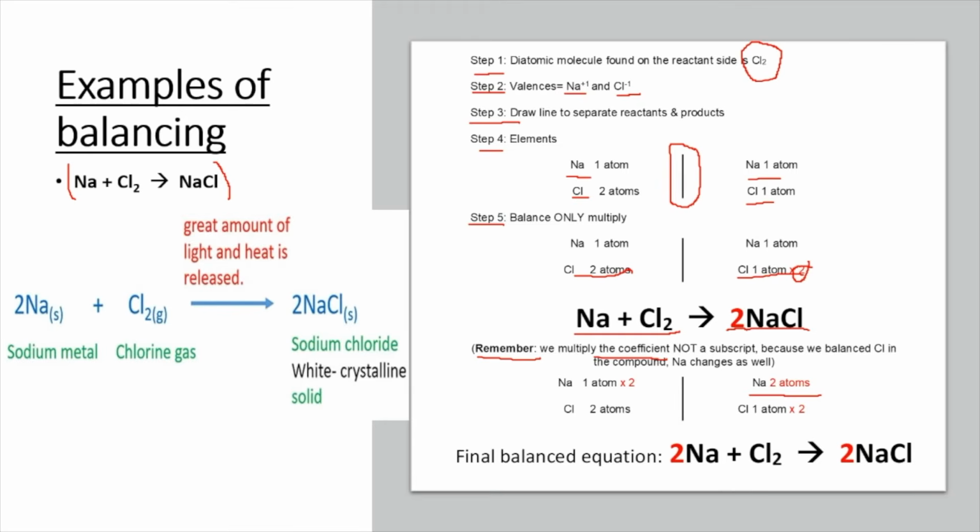Now we have 2 atoms of chlorine on either side, which is balanced, but 2 atoms of sodium on our product side, which means we need to multiply the 1 atom of sodium on our reactant side by 2. This gives us the final balanced equation of 2Na plus Cl2 gives us 2NaCl.